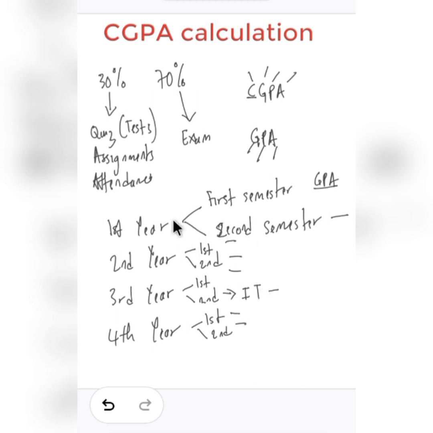So at the end of the day, your final CGPA is the average of all your grade points. When you sum the total 8 GPAs, all of them, and divide by 8, you get your CGPA.